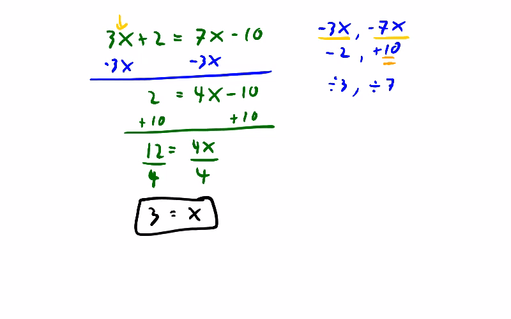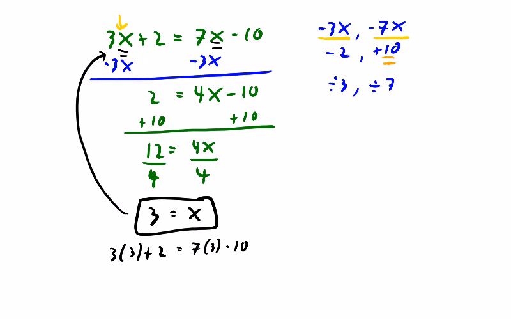Since this was a little bit more complicated, let's just make sure this is correct. So we can check that by substituting in for x, but remember there are 2 places where x appears in this equation. So we have 3 times 3 plus 2 on the left must equal 7 times 3 minus 10 on the right.